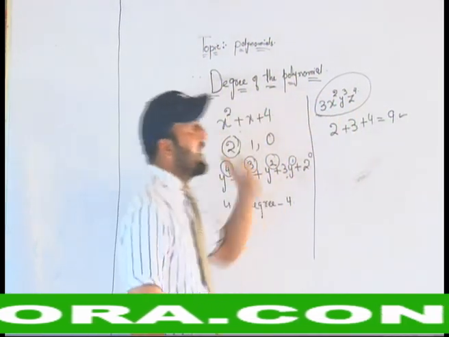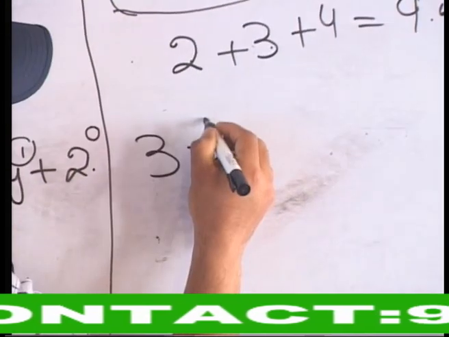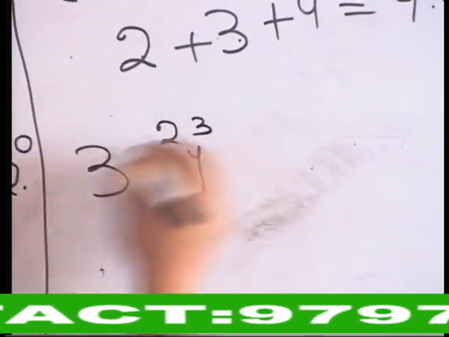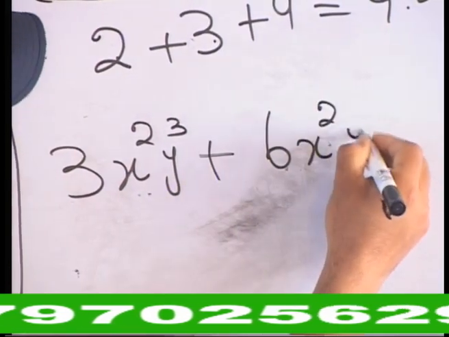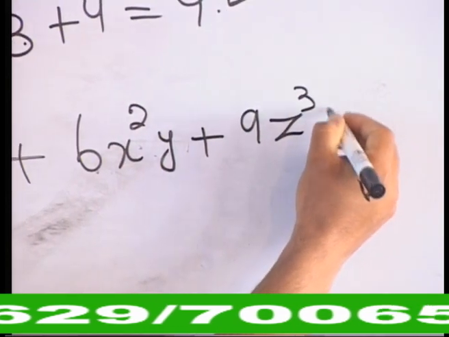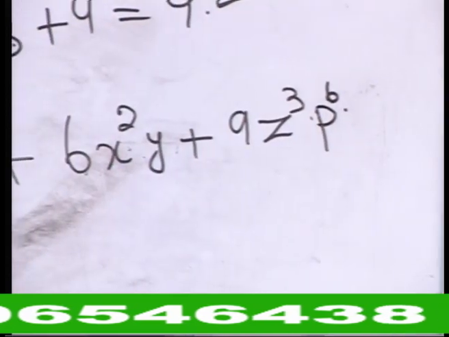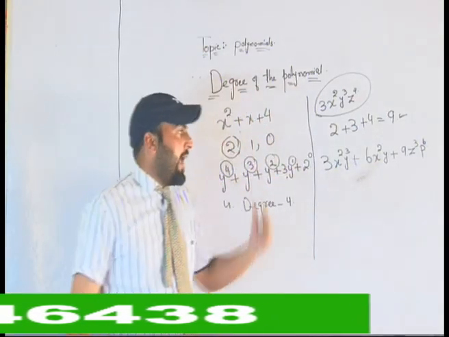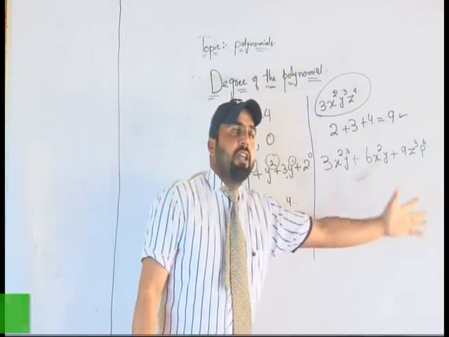I will take another example here. For example, if I have 2x square y cube plus 6x square y plus 9z cube p raised to power 6, this is a polynomial as its exponents are non-negative and the coefficients are real.